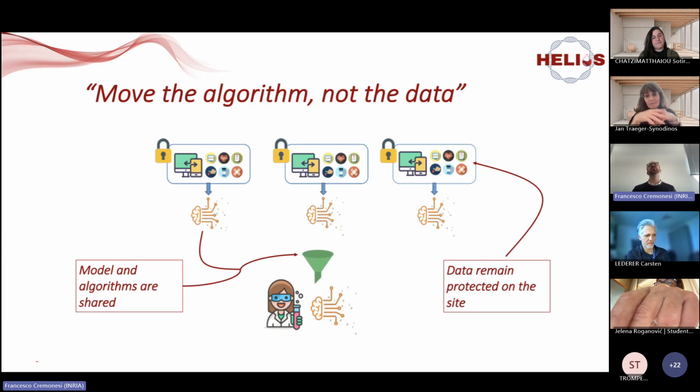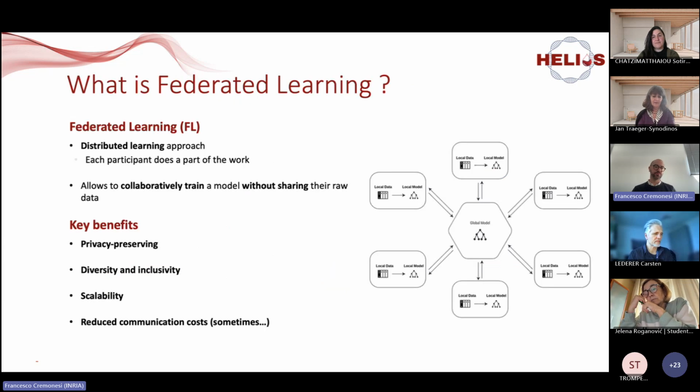So this is the idea. The data always remains on the site where it is generated and protected. And the thing that moves around is the model or the algorithm, and we will see in a few minutes what that means in practice.